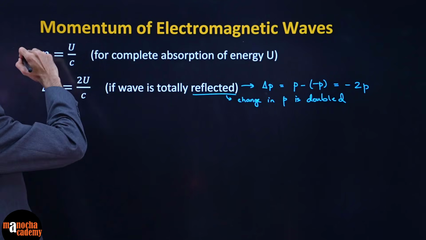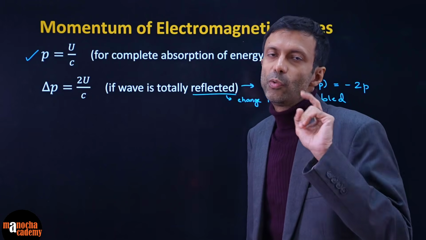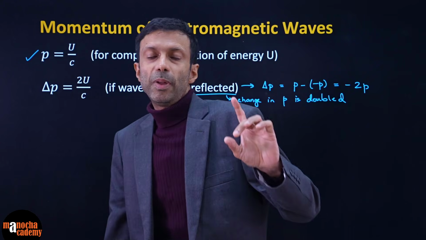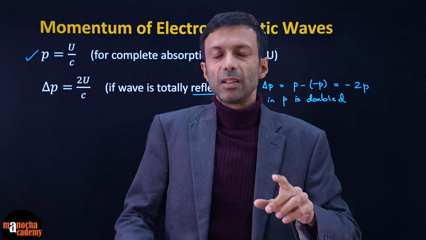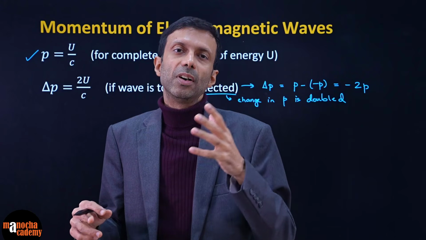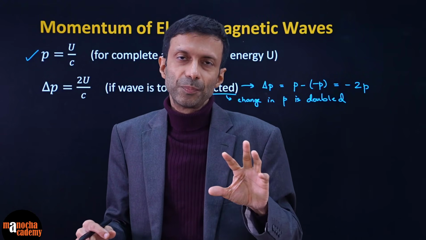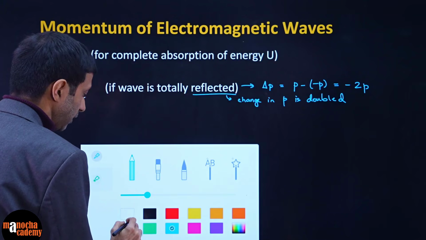But you'll say, how did this formula come about? I think the proof is not given in the books, but I will prove it to you. Maybe you guys have studied, or you'll study it later, that de Broglie proposed wave particle duality. There he talked about the wavelength associated with the particle.